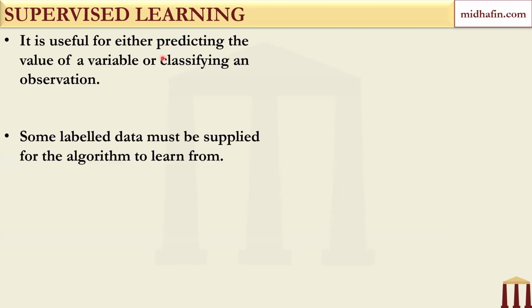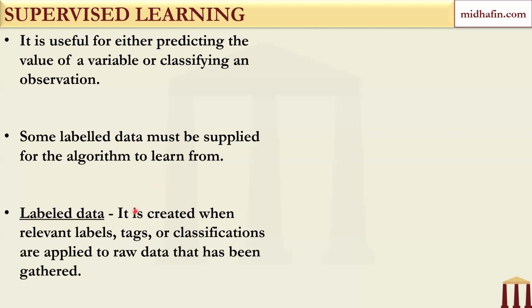That is also one type of supervised learning. A simple one. What is labeled data? Labeled data is data which has been tagged or classified together with the correct output.